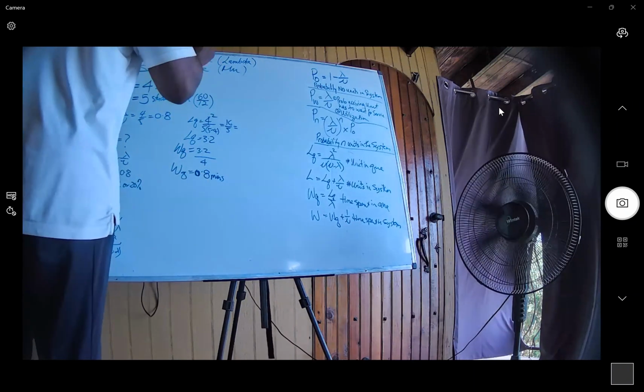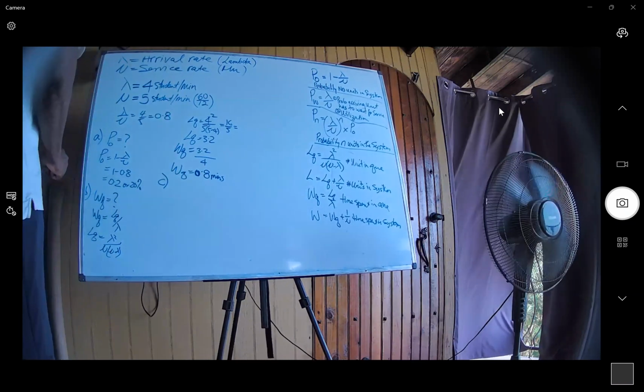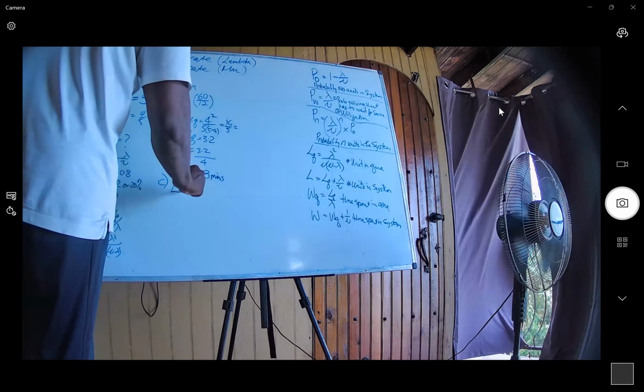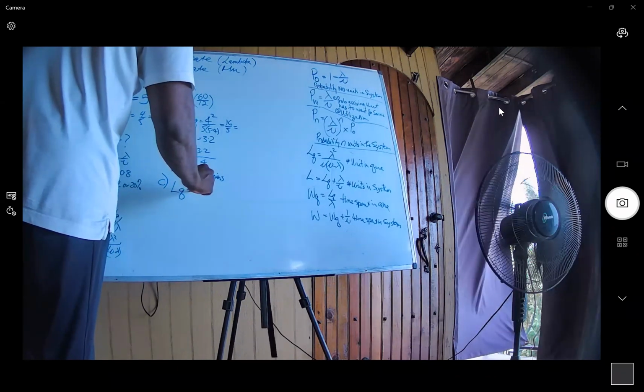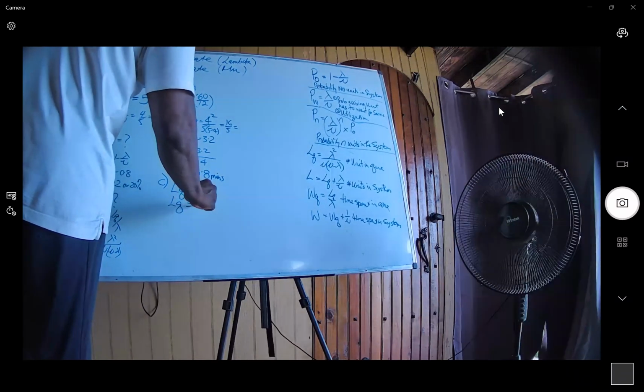All right, so where are we at now? Part C: what's the expected number of students in the queue? That obviously is LQ, which we already have, 3.2 students.